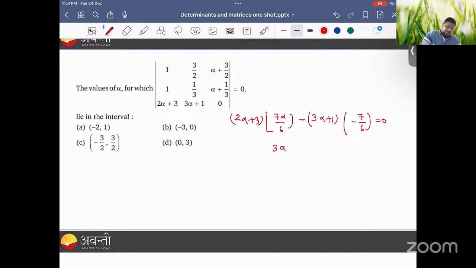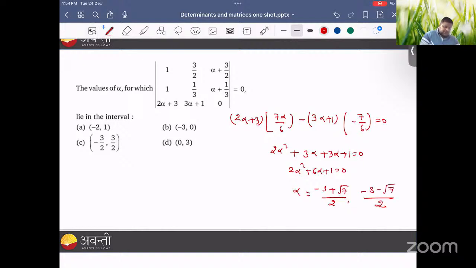So it is 2 alpha square plus 3 alpha plus 3 alpha plus 1 equals 0. So it is 2 alpha square plus 6 alpha plus 1 equals 0. So alpha is what? Minus 3 plus under root of 7 upon 2 and minus 3 minus under root of 7 upon 2. So the values of alpha are in interval B. All right.